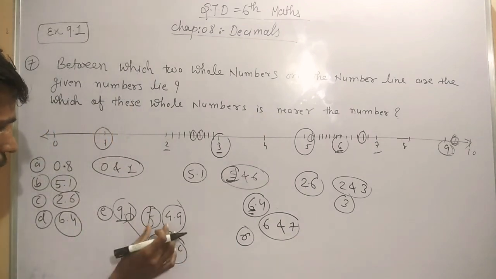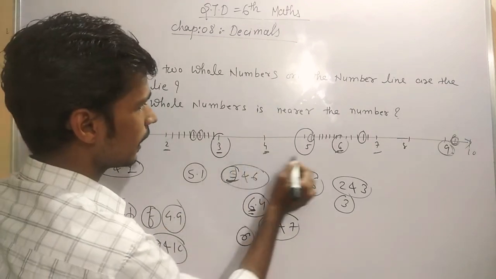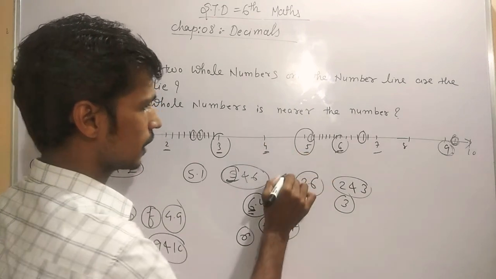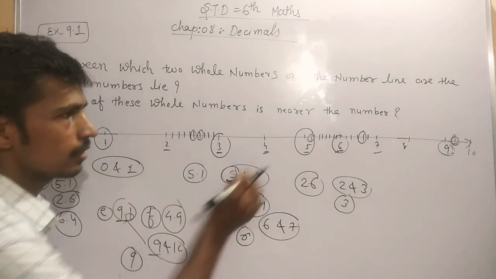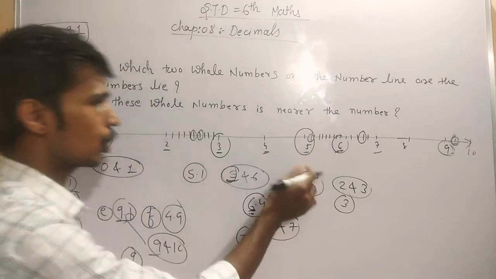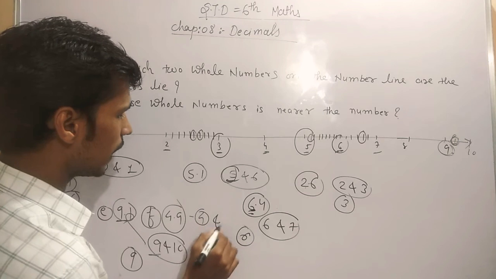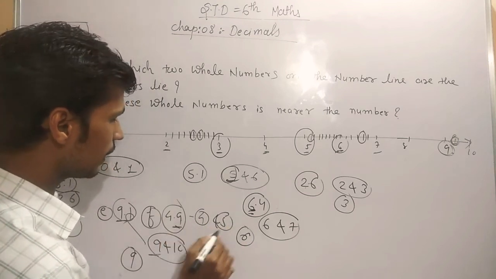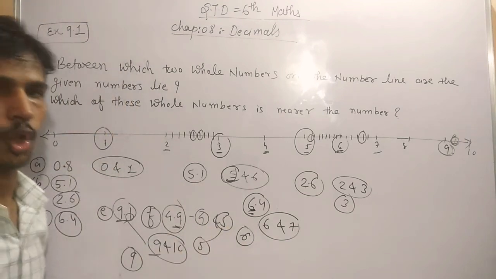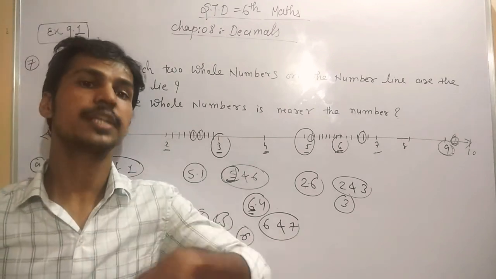You can see, students, 4.9. 4 is here and 5 is here. After 4.9, 5.0 will come. So 4.9 lies between 4 and 5, and this number is nearer to 5. Got it, students? Let us see the next sum.